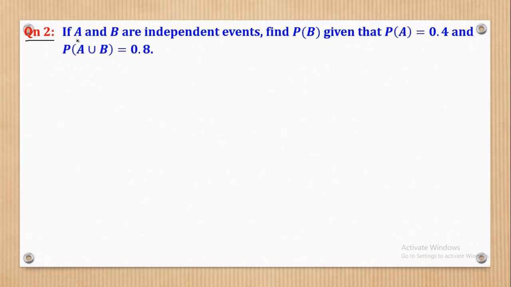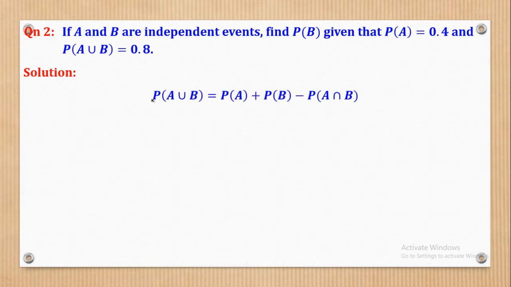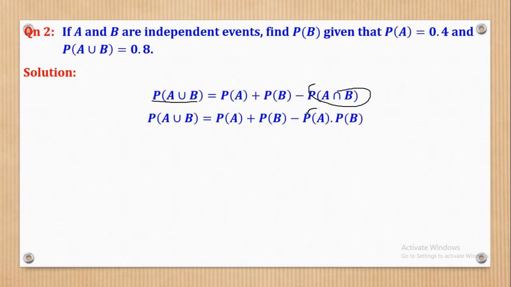Question 2 says, if A and B are independent events, find the probability of B given that the probability of A is 0.4 and the probability of A union B is 0.8. So I'll first expand the A union B. Then I'll remember that these two are independent, therefore I'll replace them with the product of the individual probabilities.